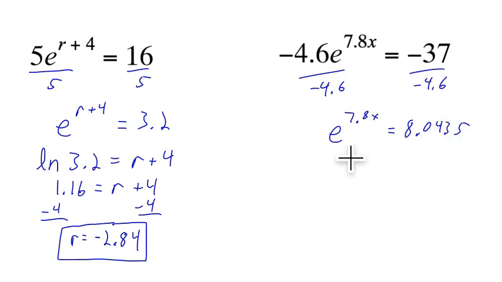Let's rewrite this as a natural log, because that's log base e. So the natural log of 8.0435 is equal to the exponent. Go to our calculator here.